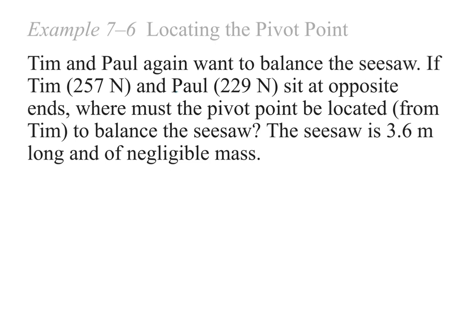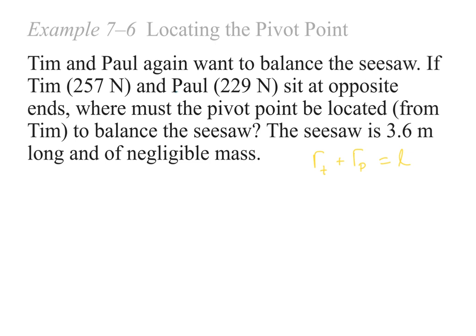So we're still going to be using torque, but now what you have to think about is the overall length. If I take how far away Tim is and add it to how far away Paul is from that pivot, it should equal the entire length of the seesaw. Does that make sense?